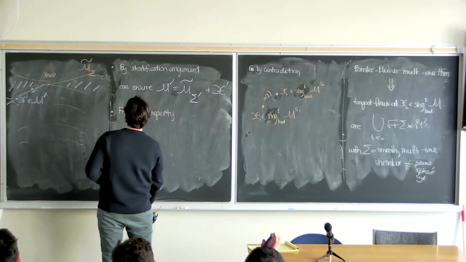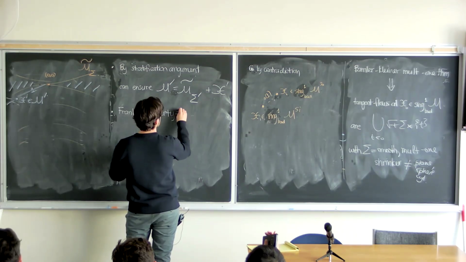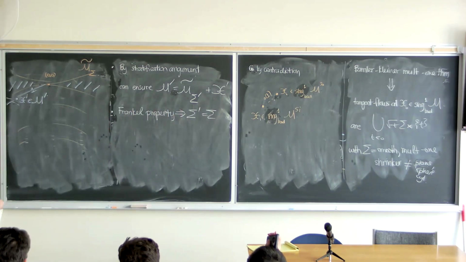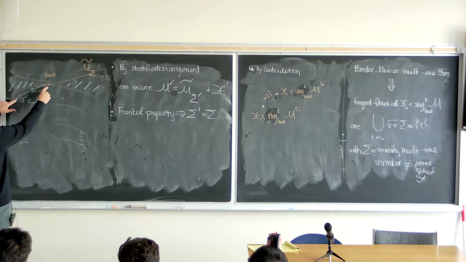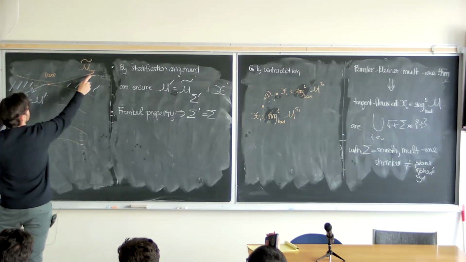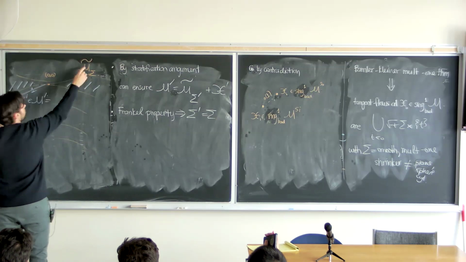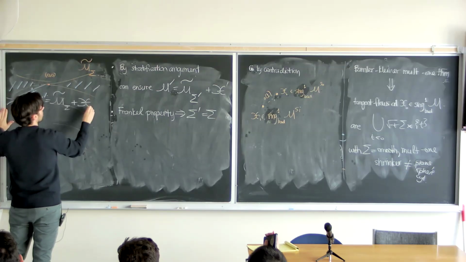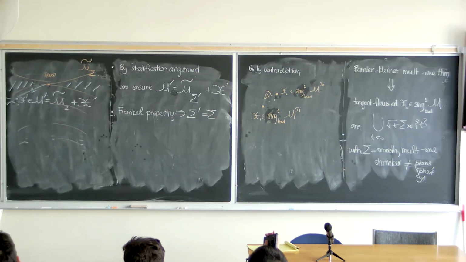So in my bad situation, I have a shrinker sigma, so that M tilde sigma and M tilde sigma plus some translation don't cross each other.